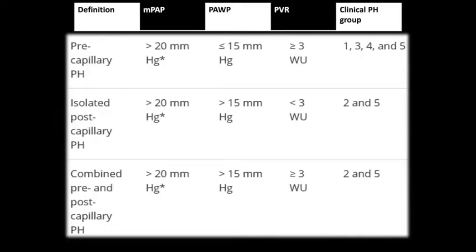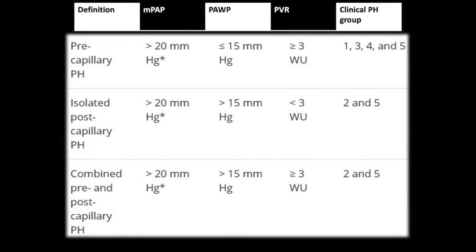The wedge pressure should be less than 15, and the PVR is greater than 3 Woods units. So you can rule out group 2, because if the heart is involved, then you have a wedge pressure greater than 15.